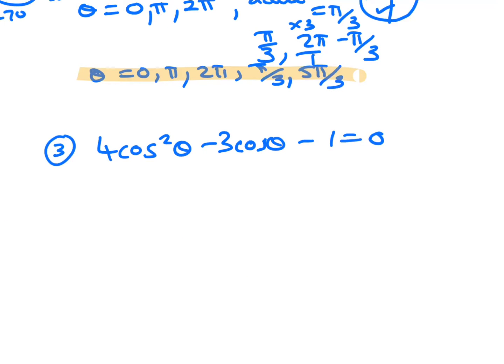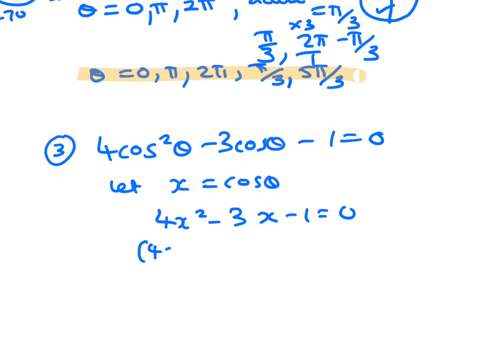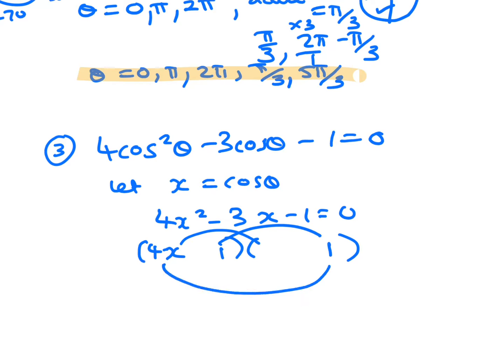Okay, so you could also solve this one. Just let x equal cos theta. So you have 4x squared minus 3x minus 1 is 0. So that's going to be 4x, and this would be 1. I'm just going to do the eyebrow thing. So let's try that. 1 and 1. So when you do that, you want to get minus 4x and plus 1x.